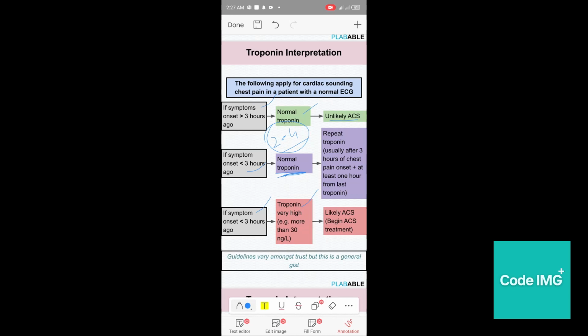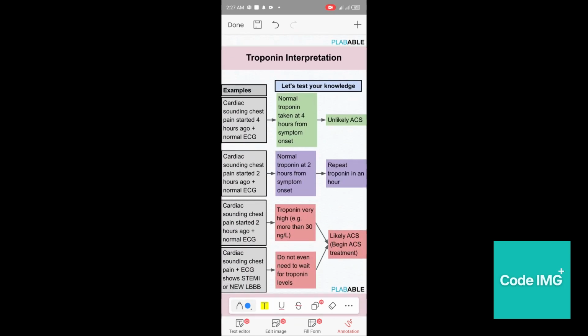But if it's a typical chest pain, whether ECG changes are there or not, say for example you have done the trop and chest pain was less than like 2 hours and it's negative, you need to repeat the trop because it's going to take some time.